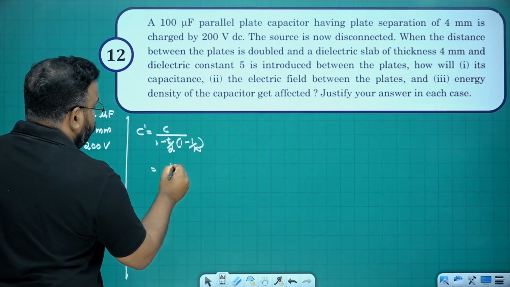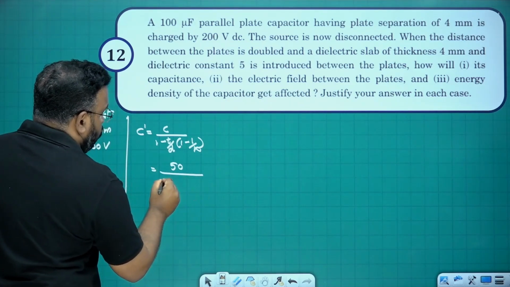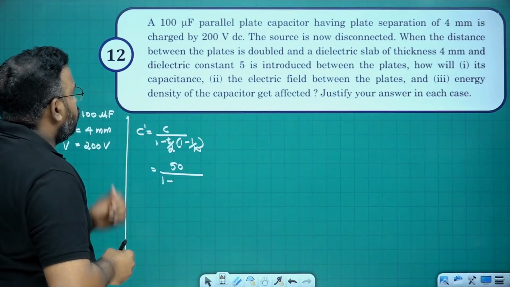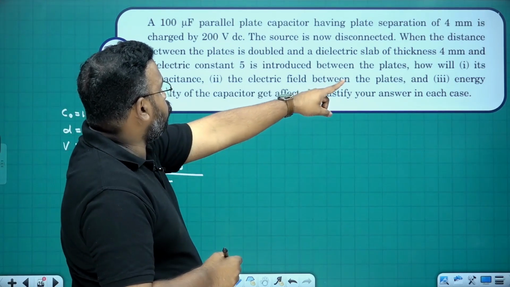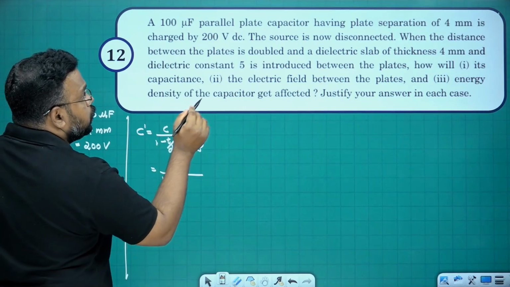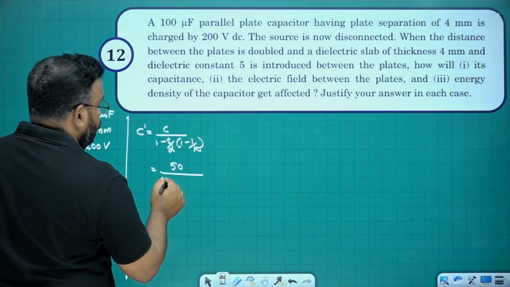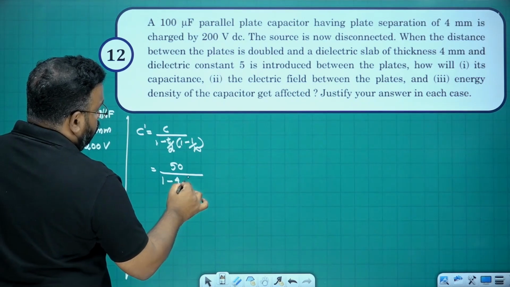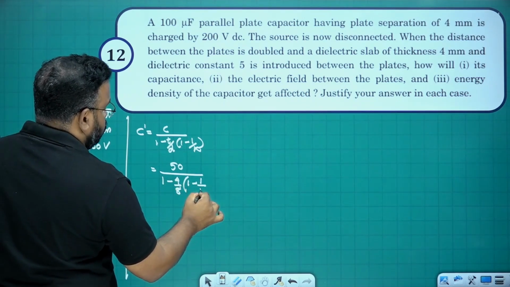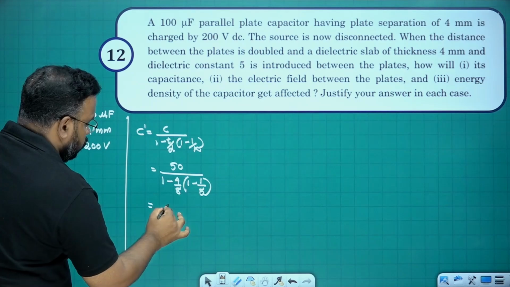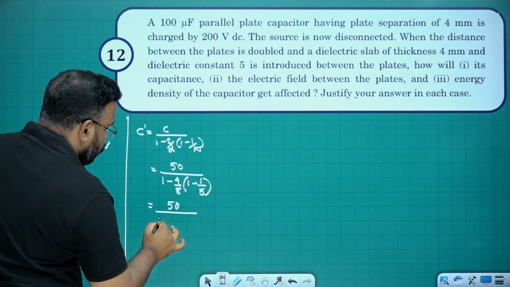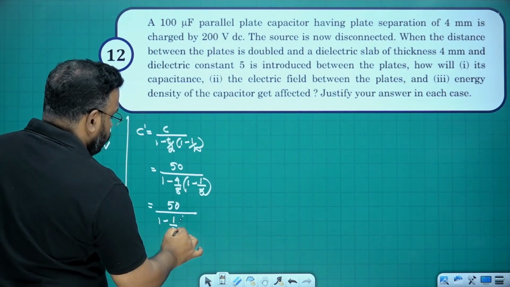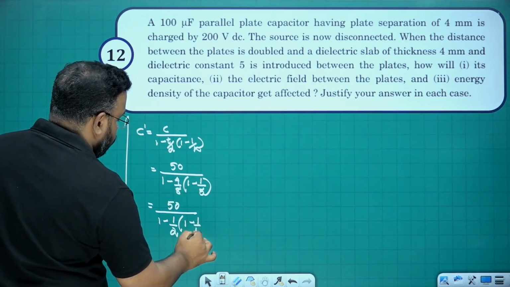This is 100, so it will be 50 divided by 1 minus t by d into 1 minus 1 by K. What is t? t is 4, but the new distance is double, so 4 will become 8. So we get 4 by 8 into 1 minus 1 by 5, the dielectric constant being 5. So this is equal to 50 divided by 1 minus 1 by 2 into 1 minus 1 by 5.